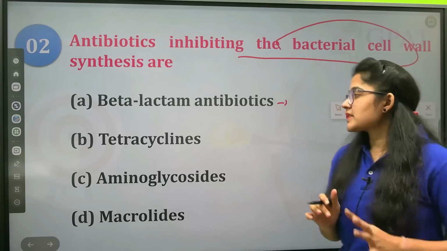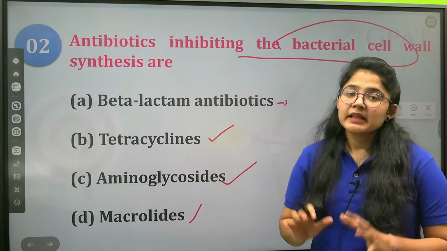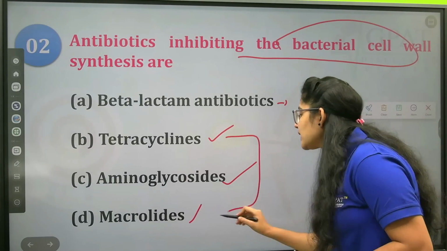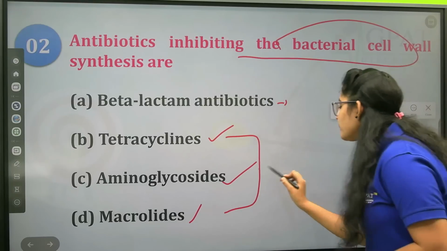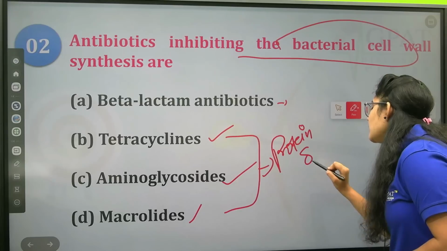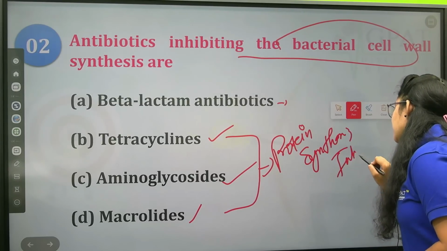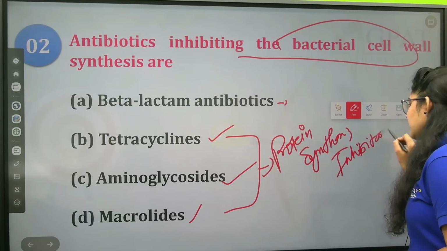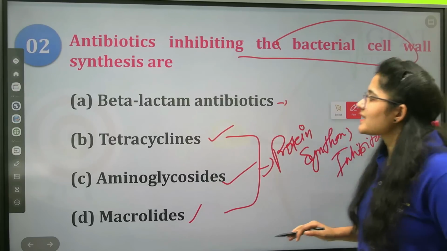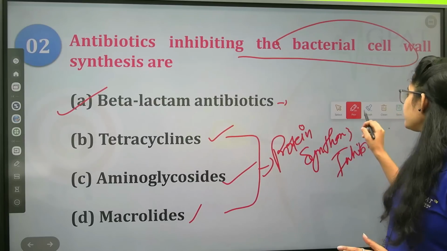And next you have tetracycline, aminoglycosides and macrolides. These three drugs work on the principle of protein synthesis inhibition. Clear? So, what will be the correct answer? The beta-lactam antibiotics. Clear? Okay.